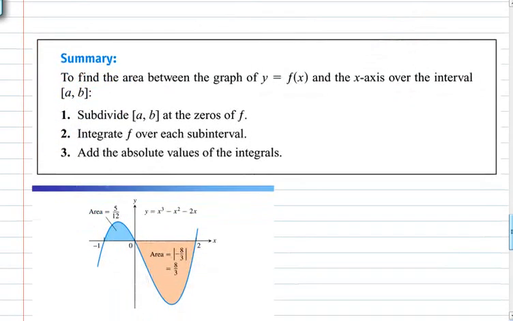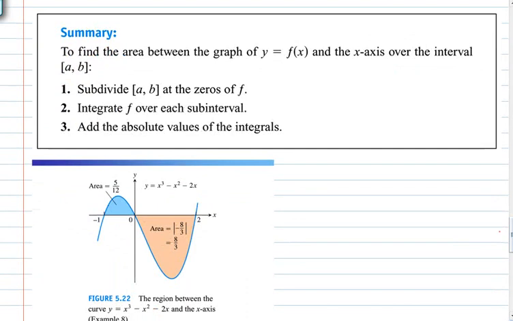All right, so to find the area between the graph of y equals f of x and the x-axis over an interval, if our function dips below the x-axis, we're going to subdivide this function into 2 different integrals because we have a positive area and a negative area.